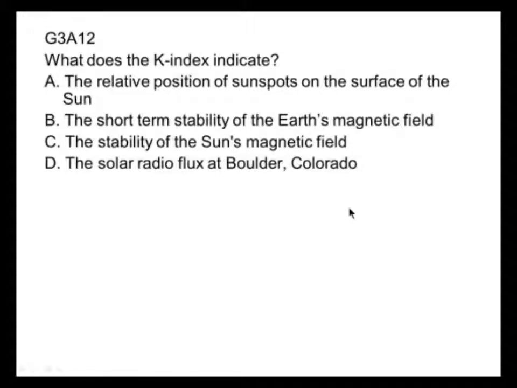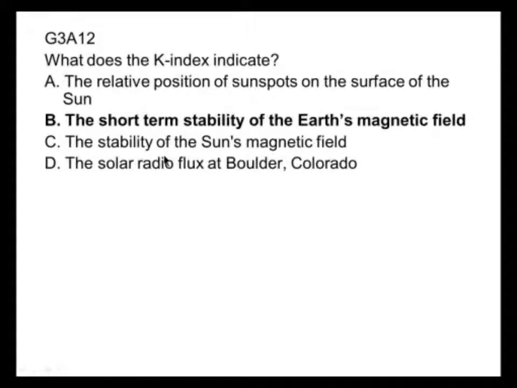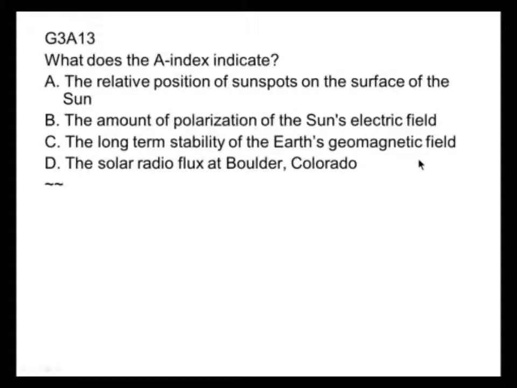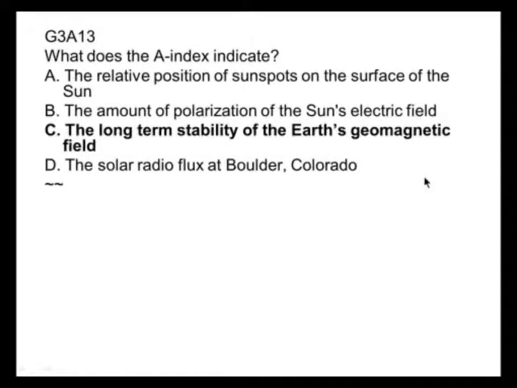What does the K index indicate? The K index is the short-term stability of the Earth's magnetic field. This also affects radio communication, the A and the K index. The K index is the short-term stability in the Earth's magnetic field. The A index is the long-term stability in the Earth's geomagnetic field.